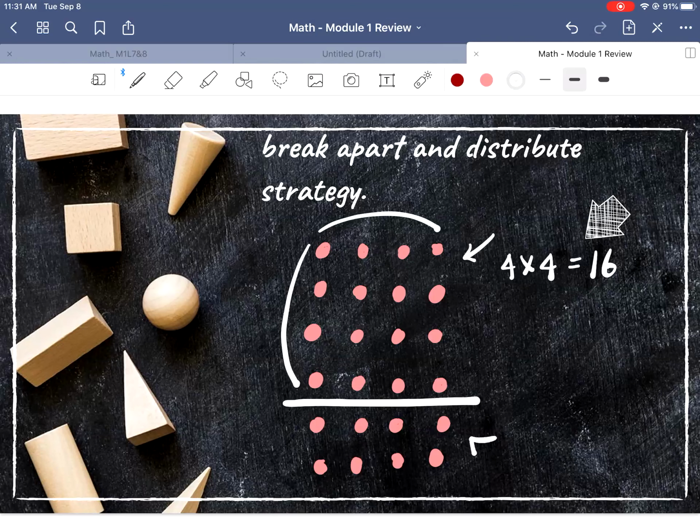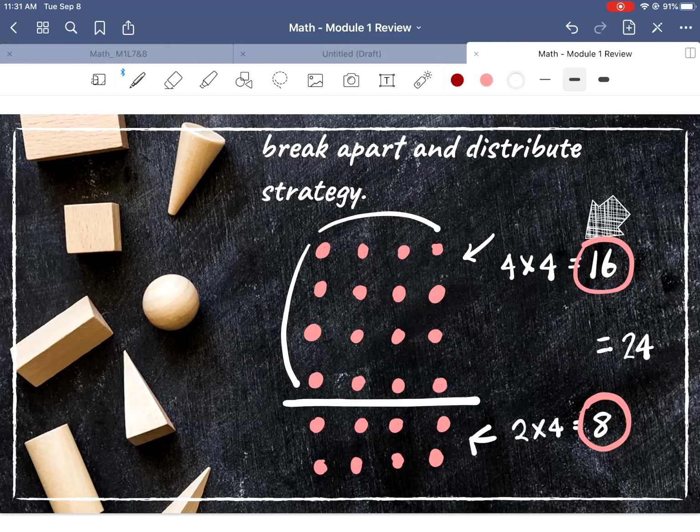And I find my product, and I do the same for the second part, which is 2 times 4, which is 8. And now I just need to take these two numbers and add them. So my total is 24.